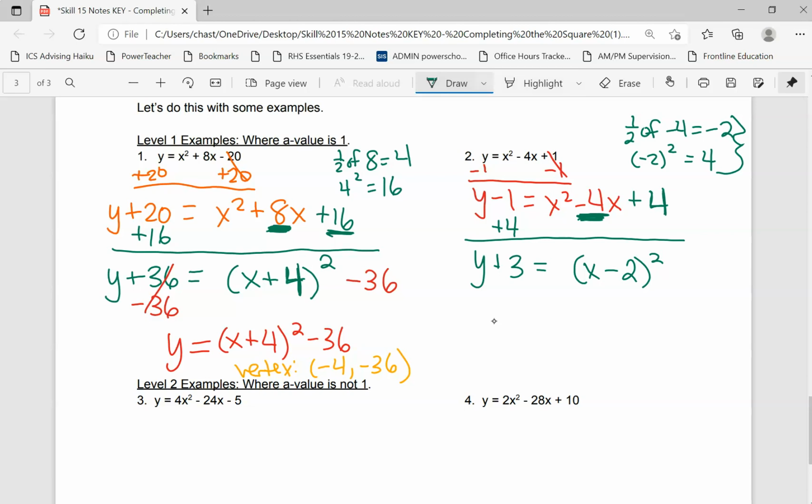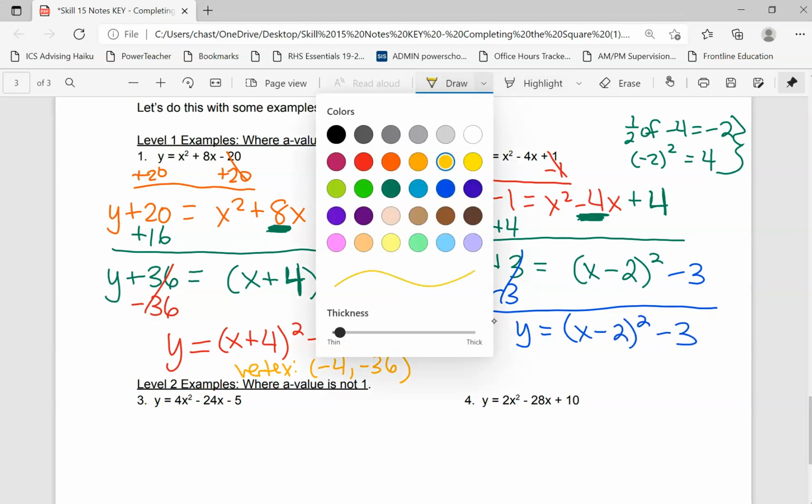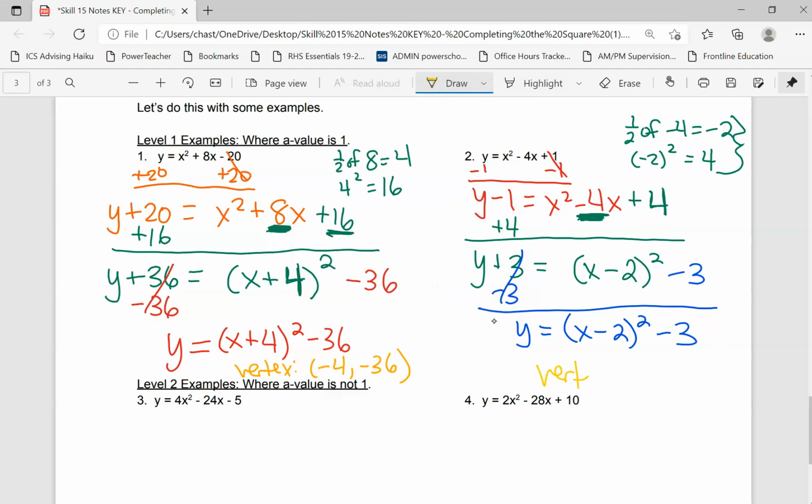So now we do our last step, which is to subtract 3 on both sides of the equation. And we get y equals x minus 2 squared minus 3. And that gives us a vertex of, so take the opposite of that, and this value. There's our vertex. Okay?